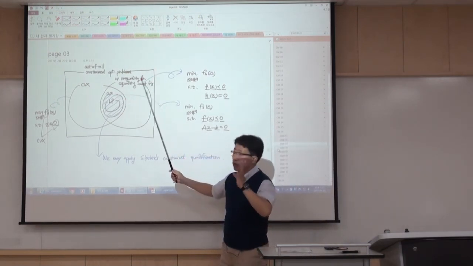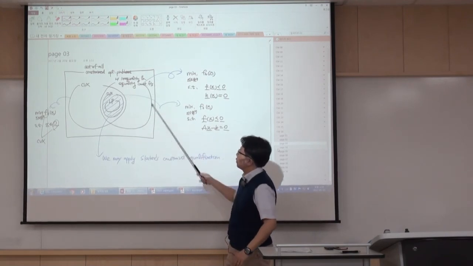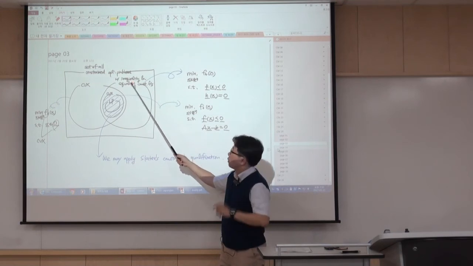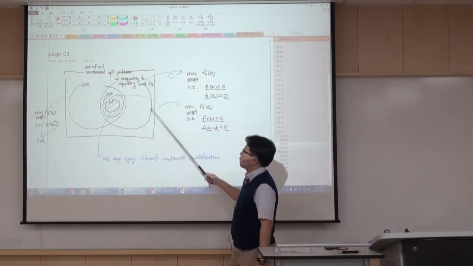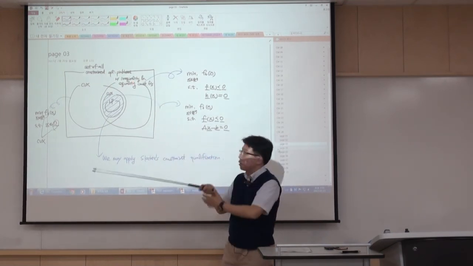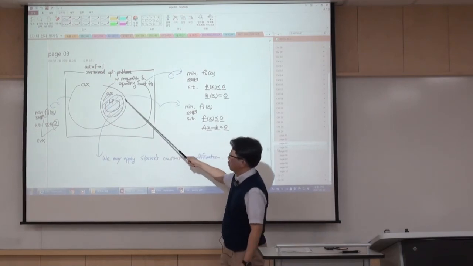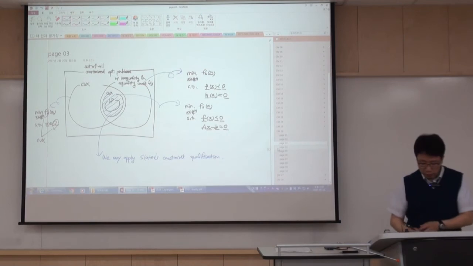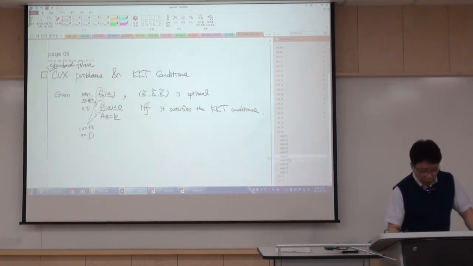Before, the complementary slackness was about this set, and the KKT condition was applicable to this set. Now we restrict our attention to the smaller set, and we have this if and only if condition.